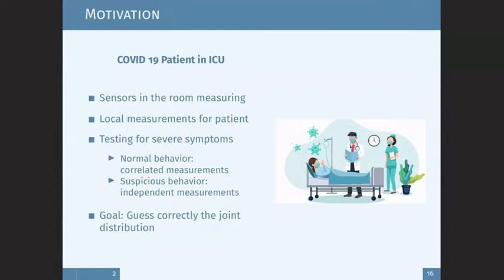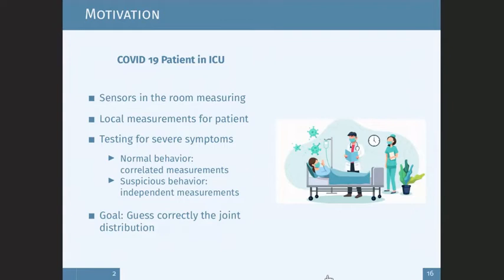And in such cases, if we can see that the measurements between the sensors and the decision center, I mean here the local measurements, are really correlated, meaning they are as expected, they are as the statistics show, then we are in a normal behavior. However, if these measurements are independent, then there's something suspicious happening and we have to raise an alert. The goal in such a system is to guess correctly the joint distribution underlying these observations.